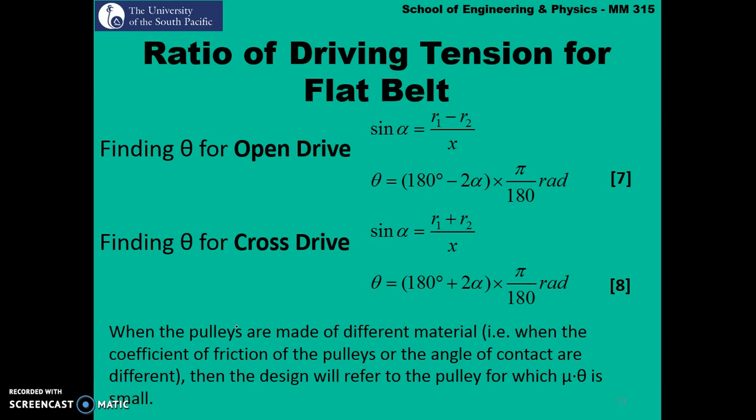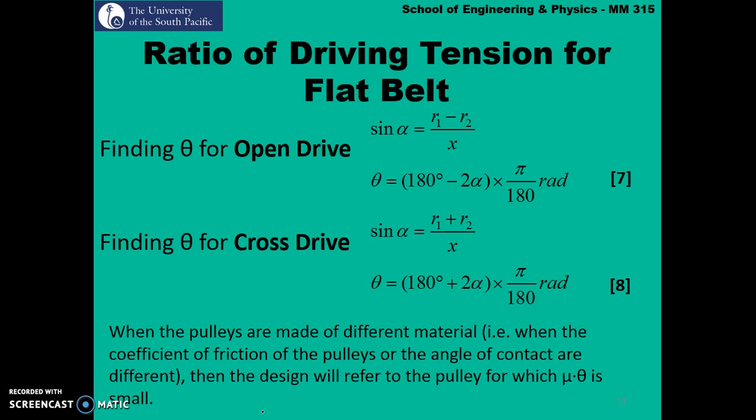How do we choose which mu and which theta we use? We take the product of mu 1 theta 1 for pulley 1, and the product of mu 2 theta 2 for pulley 2, and we see for which pulley the combination of mu theta is the lowest.